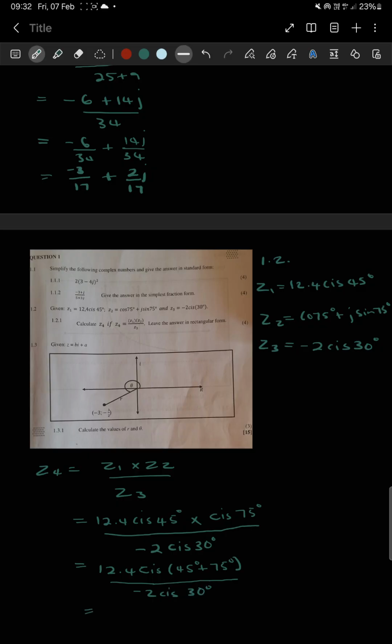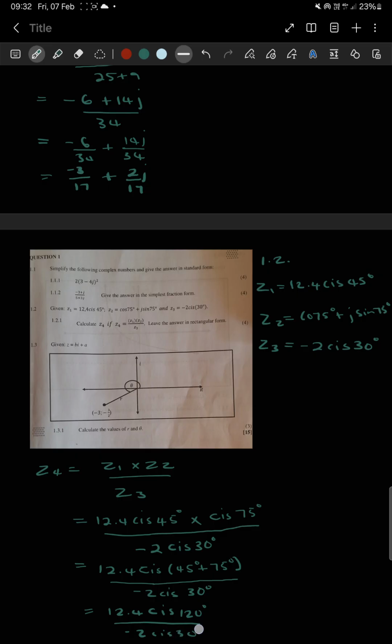Let's add: 12,4 cis 45 plus 75 gives you 120 degrees, over negative 2 cis 30.